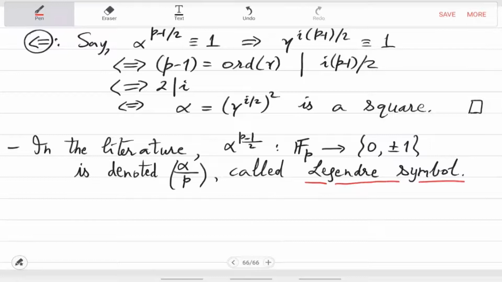It is a multiplicative character function on the group Fp star, taking just the values plus or minus 1.